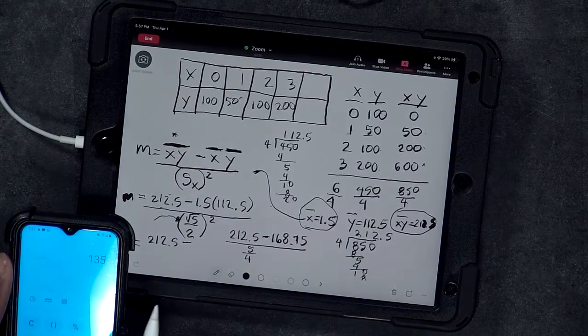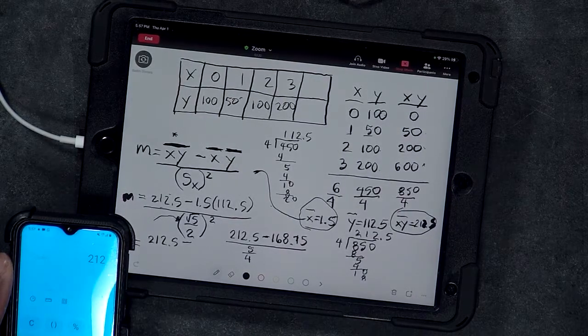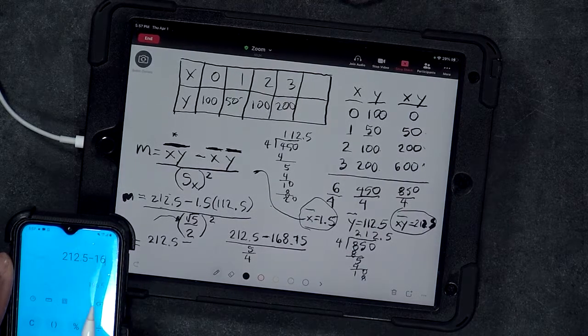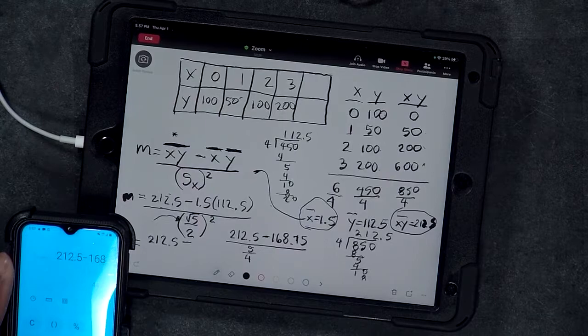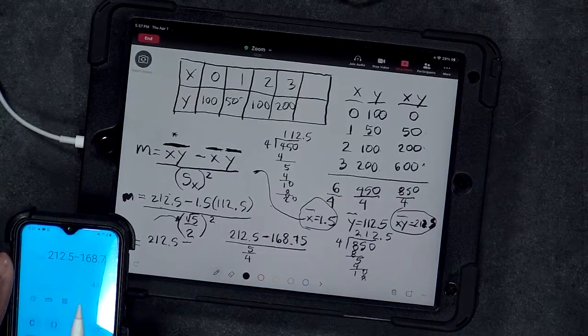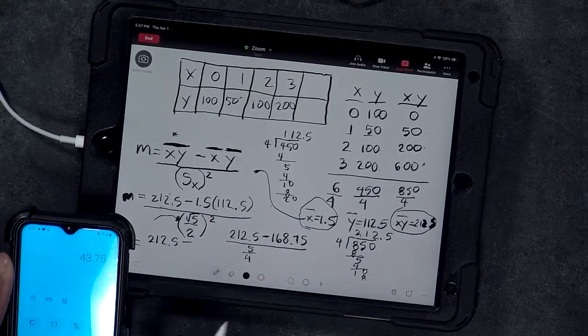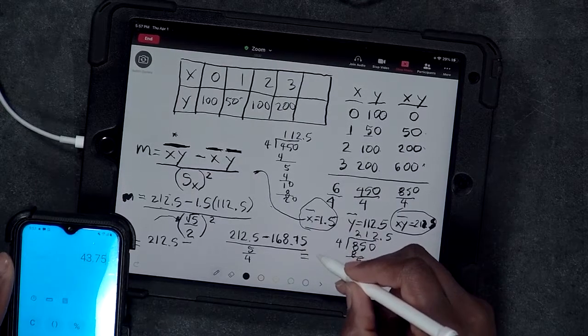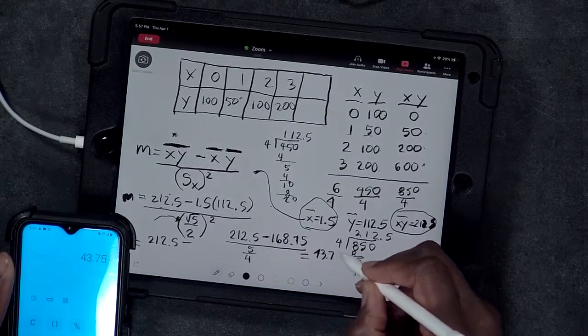All right. So I need to take 212.5. I'm going to subtract 168.75, and I end up with 43.75.